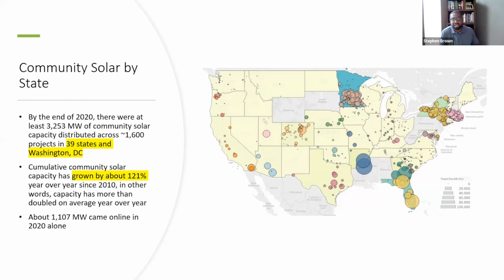Those other states are more voluntary markets for community solar, and Texas is one of them. But the growth of community solar has really taken off since 2010. You'll see that the growth rate's been about 121%, and a gigawatt of community solar came online just in 2020 alone.